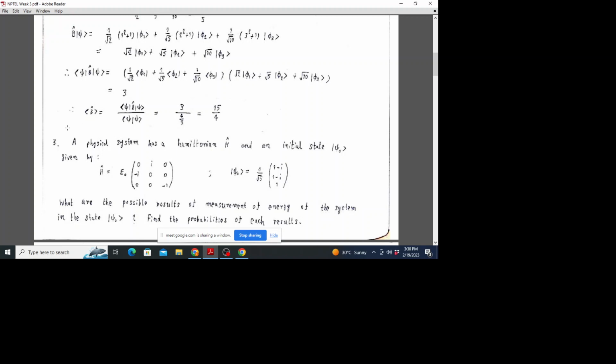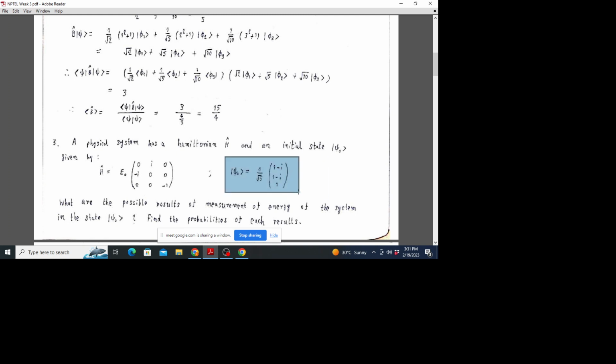So the question is: a physical system has a Hamiltonian H and it is in an initial state psi naught. We know the Hamiltonian and the initial state psi naught; they are given by this. This is the Hamiltonian and this is the initial state.